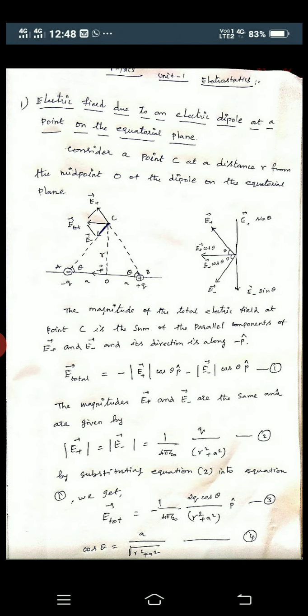Substituting equation 2 in equation 1, we get the total electric field equal to minus 1 by 4 pi epsilon naught, 2q cos theta divided by r square plus a square, into p cap.